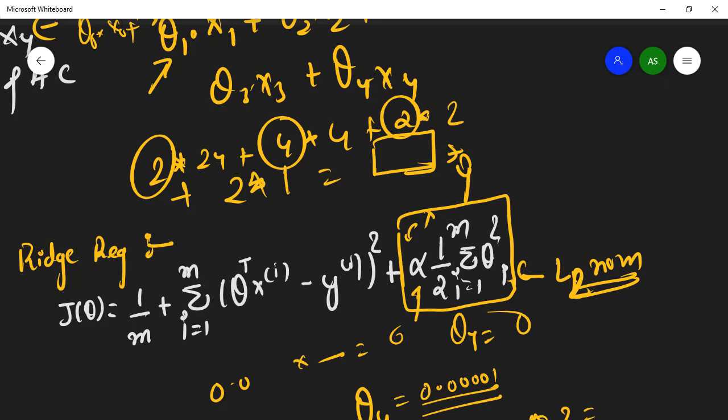Here you can see that you are taking the L1 norm, and you are not doing it for theta 0.